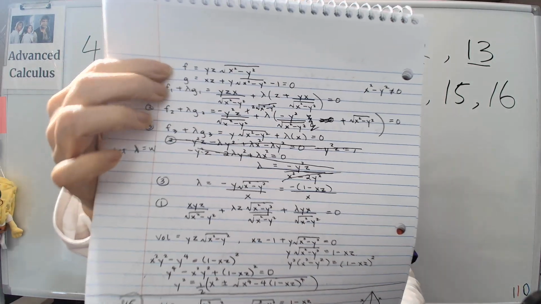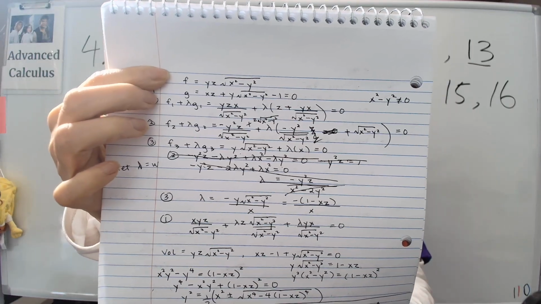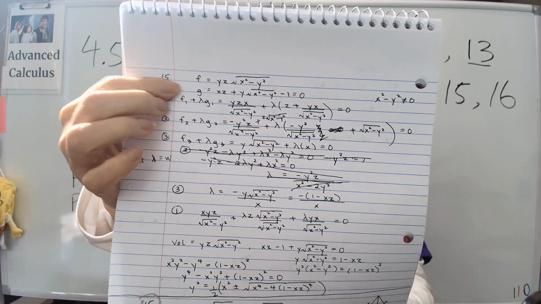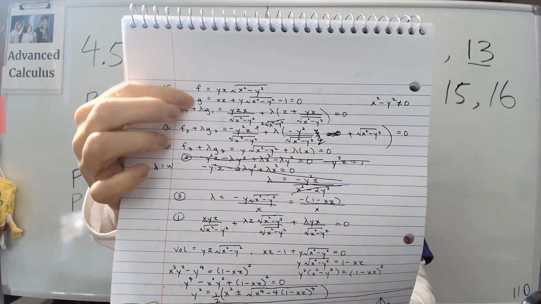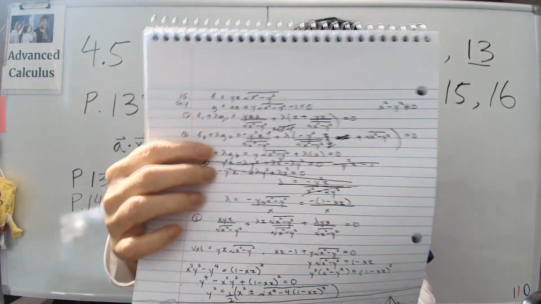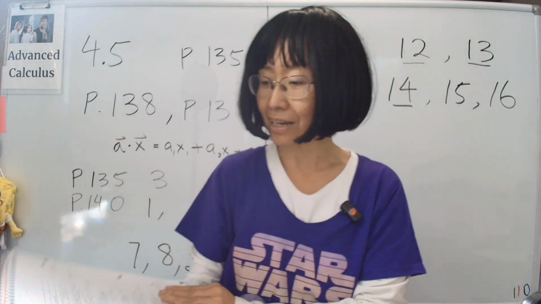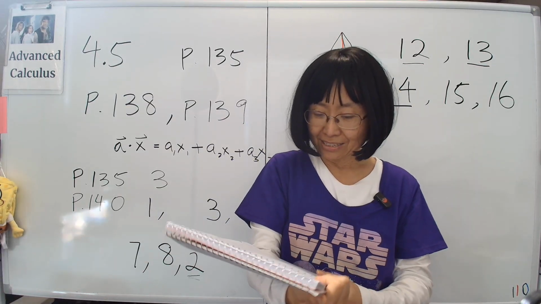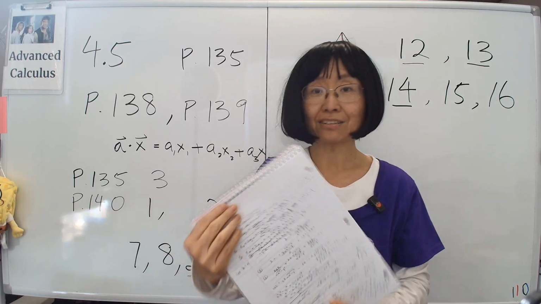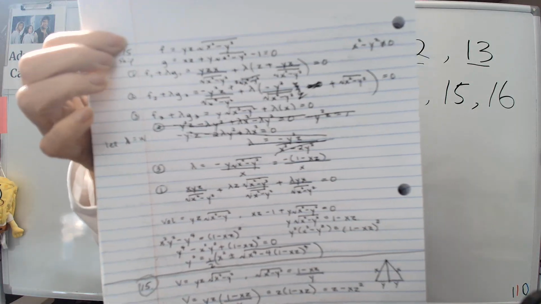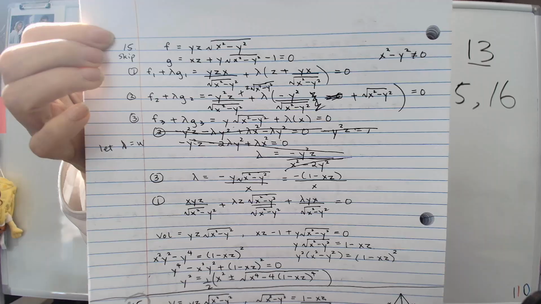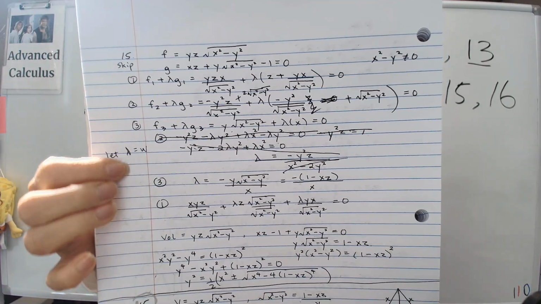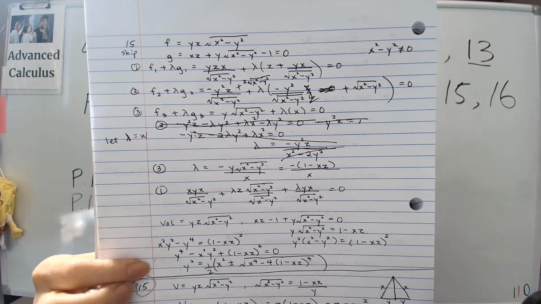One's the surface area and the other one is the volume or something like that. Instead of using Lagrange multipliers like we are taught to do in this section, the book says to eliminate y. So first I tried to use the Lagrange multiplier anyway, and as you can see, that got me nowhere. I got into a giant mess, and then I stopped.